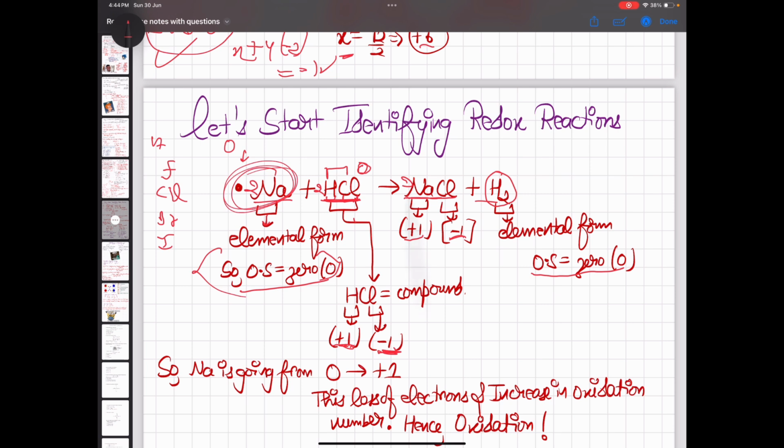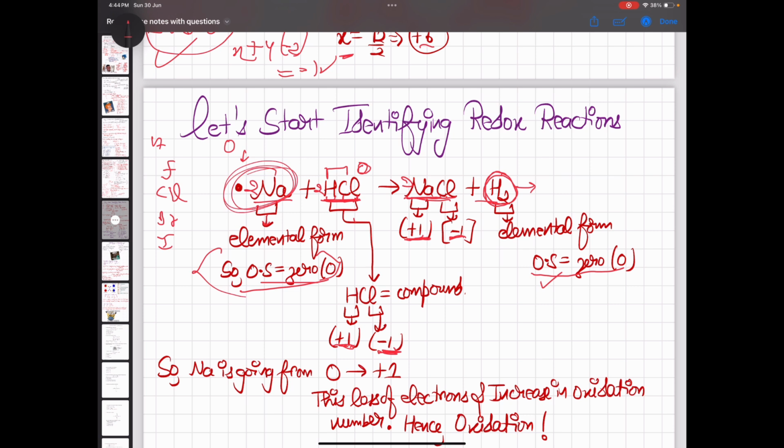Now if you look at the product here, NaCl, what is the charge on Na? +1, chlorine -1. H2, hydrogen is in elemental form here. Elemental form, what is the charge? 0. So now look at the charges: Na in reactants has a charge of 0, but in products it has a charge of +1.